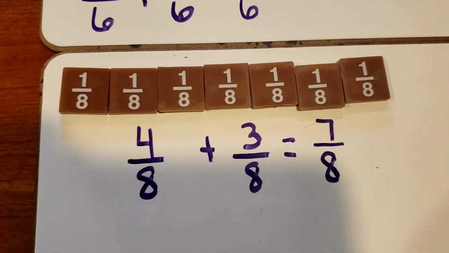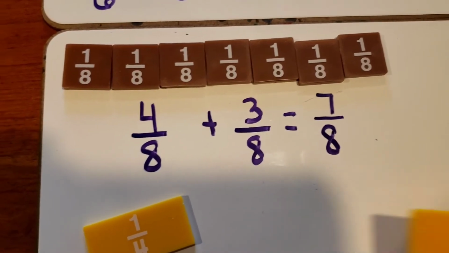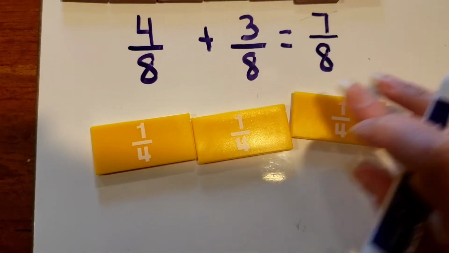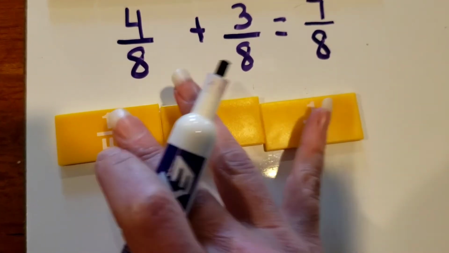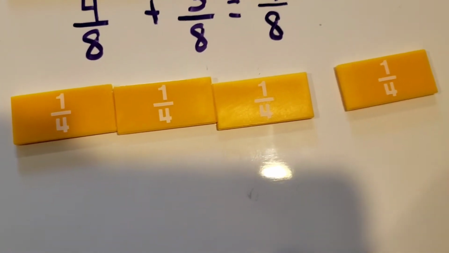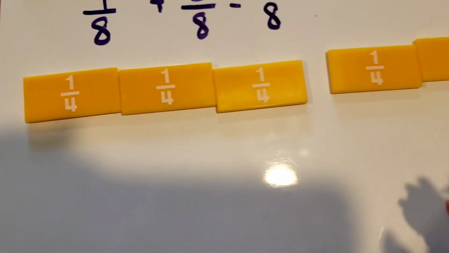Now sometimes when you're adding your fractions, you're going to come to a situation where the sum, the answer, is going to be what is commonly known as an improper fraction. So we're going to take a look at an example of that using models.